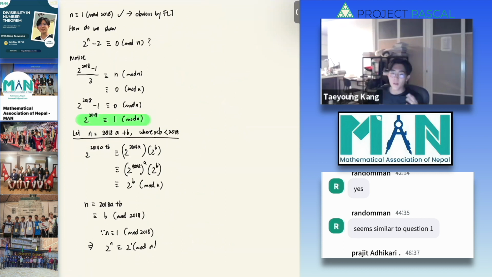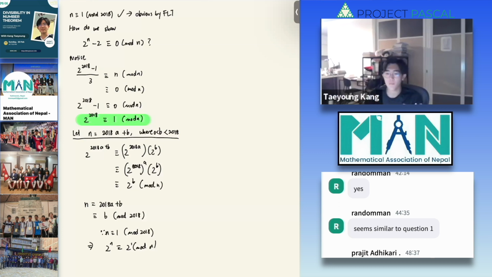I think it was harder to see initially, but if you think about it through this logic, once you have 2 to the power of 2018 is congruent to 1 mod n, what you're basically doing is just removing multiples until you reduce it to n mod 2018, which is just 1.